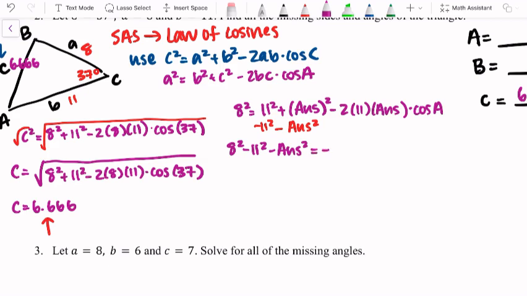And then that's going to be equal to negative 2 times 11 times C, or our answer, okay, times cosine of A. I see that I almost have my cosine by itself, but the only thing that we need to do now is all of my cosines being multiplied by all of this. So I'm on both sides, I'm going to divide by negative 2 times 11 times ANS.